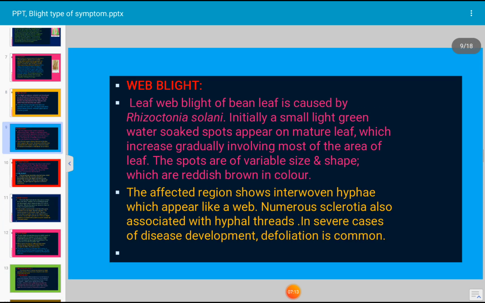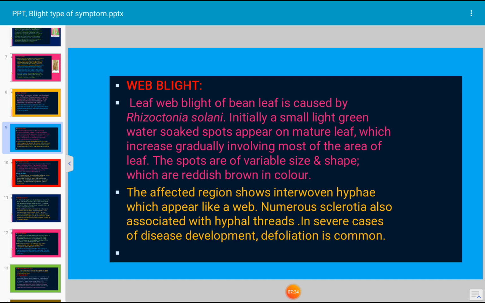Next, web blight. These are different types of blight symptoms. This is web blight. Leaf web blight of bean is caused by Rhizoctonia solani. Initially, a small light green water-soaked spot appears on a mature leaf, which increases gradually, involving most of the area of the leaf.